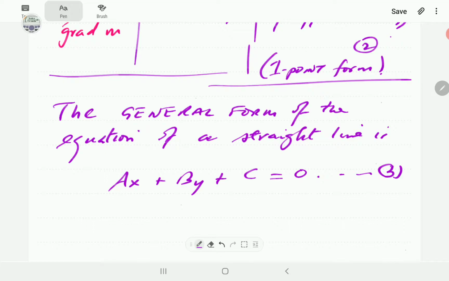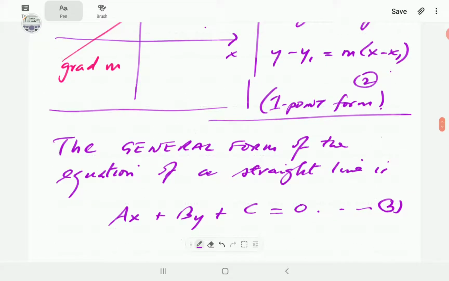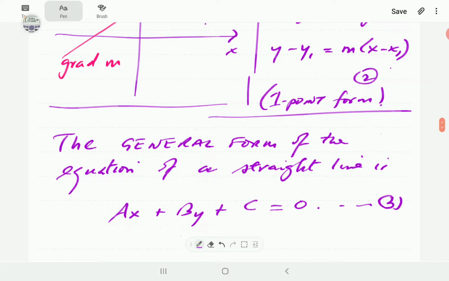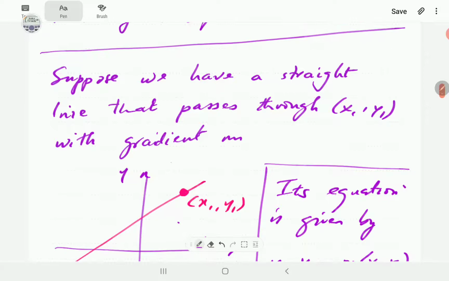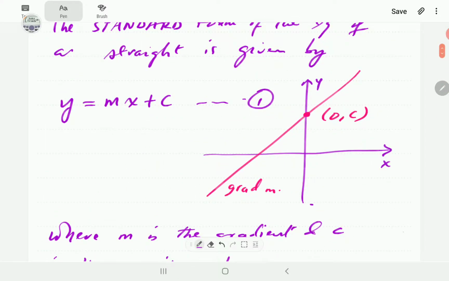In different setups, we are going to either be given or be required to express our equation in the general form, in the 1-point form, or in the standard form.